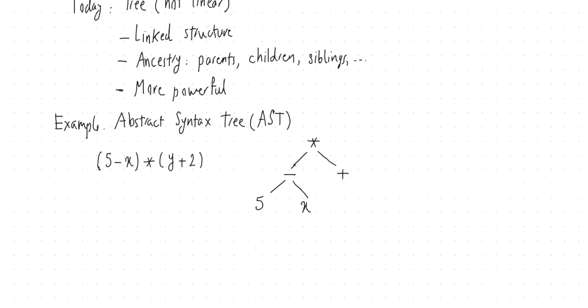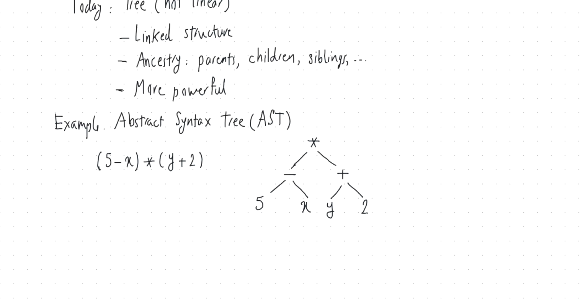It's a binary operation. On the left side, it has the variable y. On the right side, it has the constant 2. Okay, so this tree, which happens to be a binary tree, which we will define in the next video, is a representation of this arithmetic expression using the tree structure.